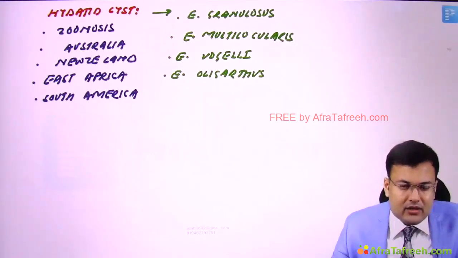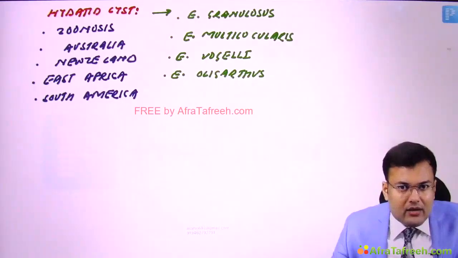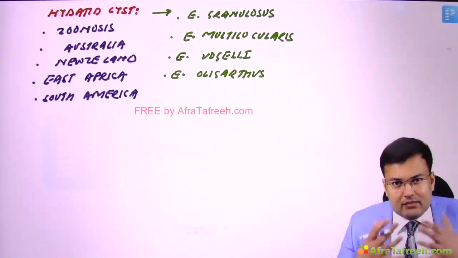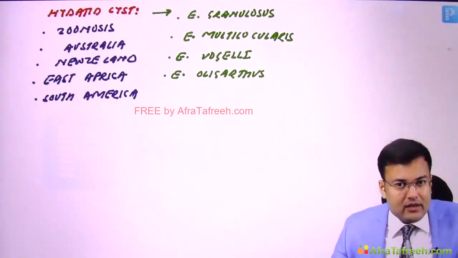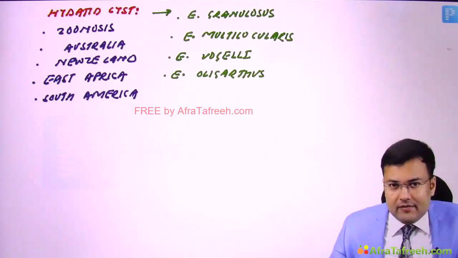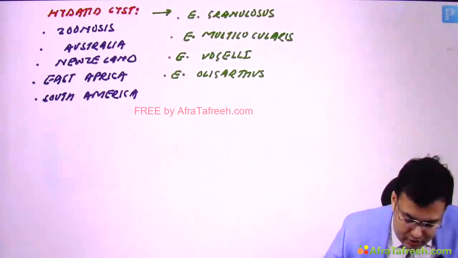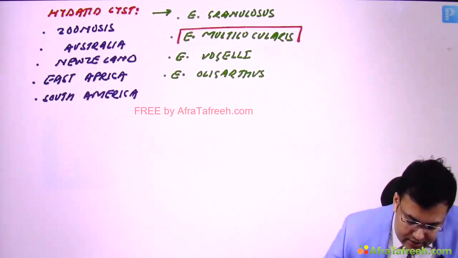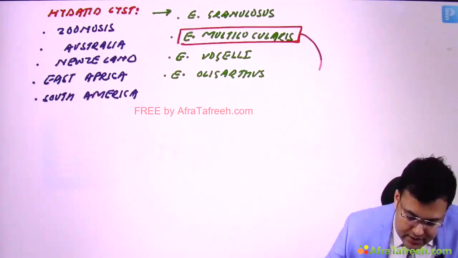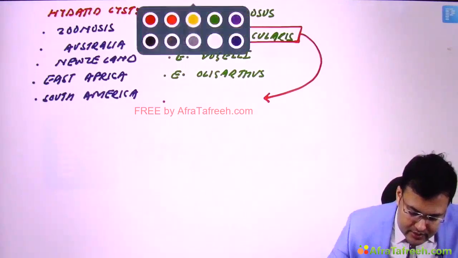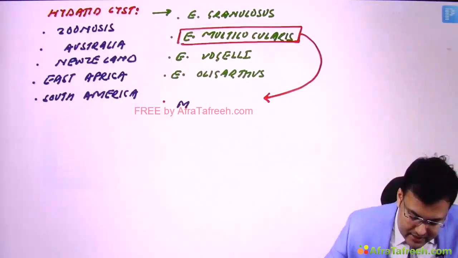Malignant hydatidosis means the hydatidosis which looks like malignancy in which multiple organs are involved. Clear? So the term is self-explanatory. In which condition multiple organs are involved simultaneously? Multilocularis. So this Echinococcus multilocularis is responsible for malignant hydatidosis.